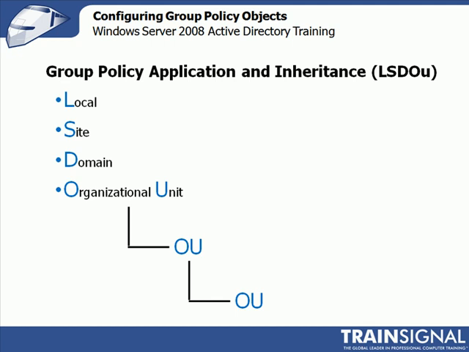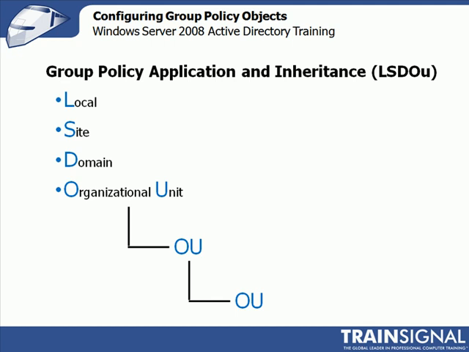Because they don't conflict with one another. One has to do with the control panel, one has to do specifically with the display settings. Both will be in effect. So it's not that one group policy wins completely over another group policy. It's that the individual settings might win if there is a conflicting setting.